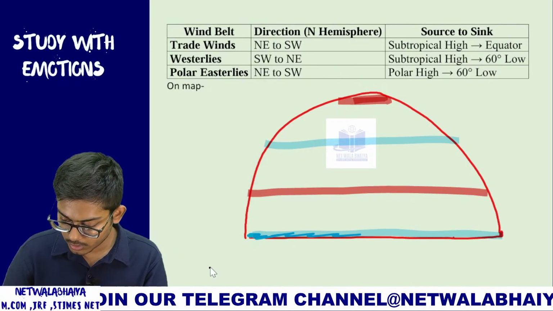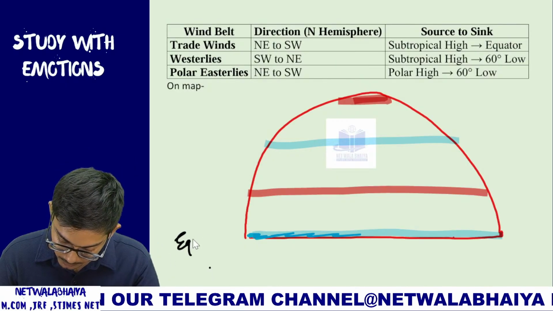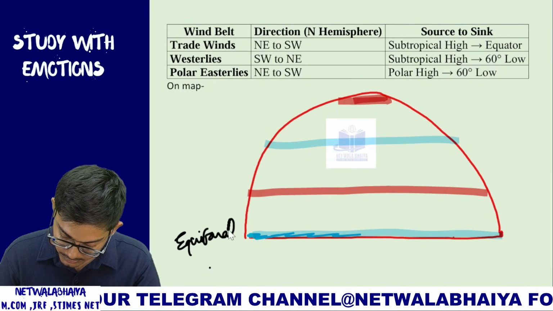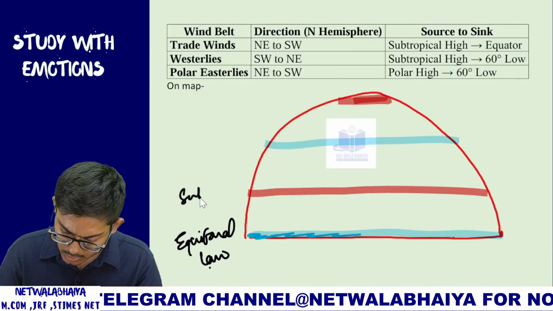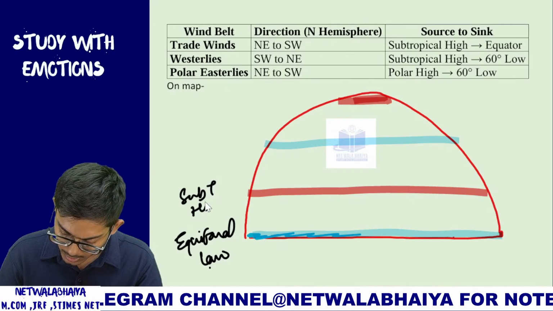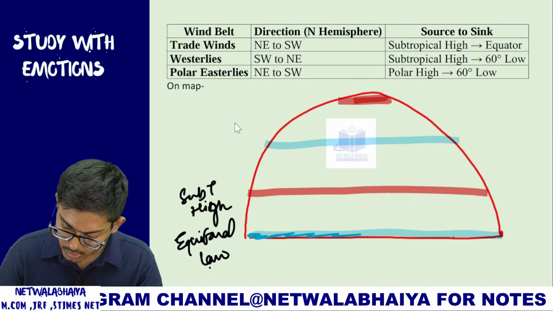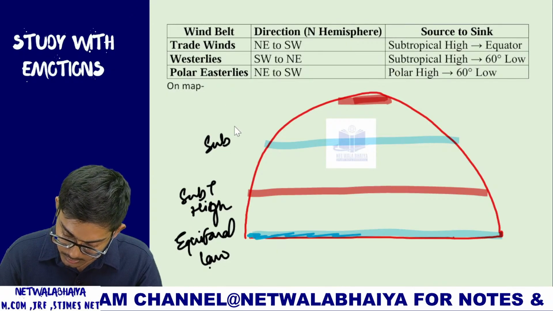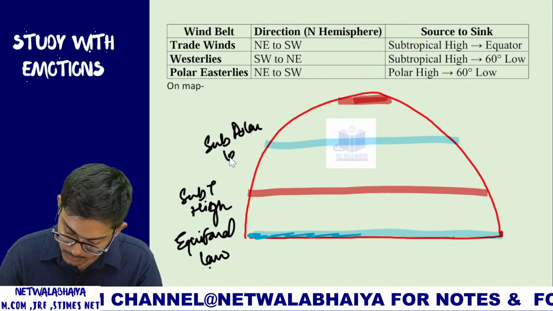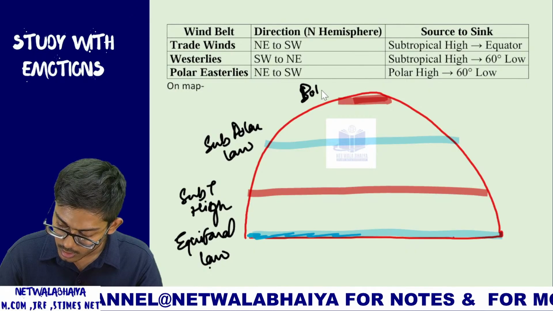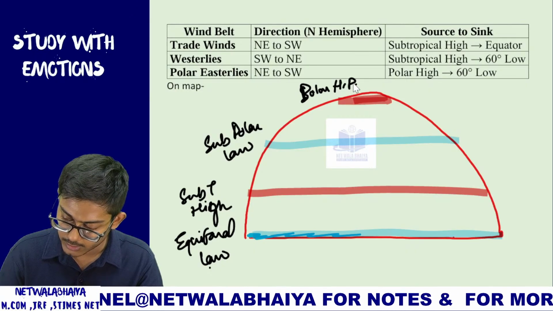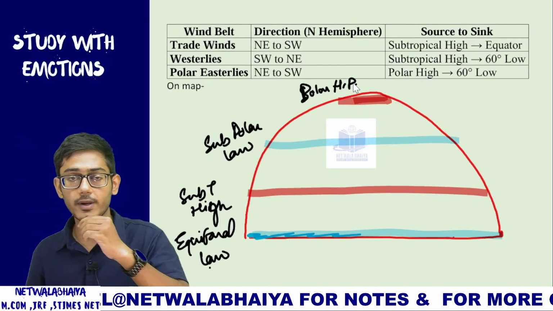This is your equatorial low. This is your subtropical high pressure belt. This is your subpolar low pressure belt, and we have the polar high pressure belt. Okay, so these are the four belts that are there.